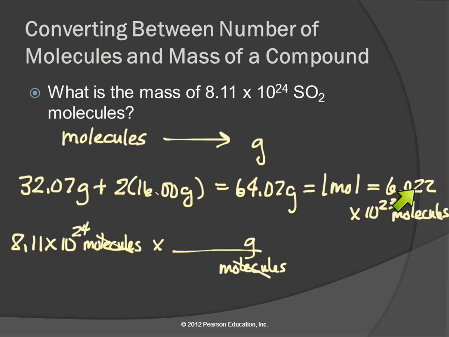Then we look at what we've written down here. 64.07 is with the gram. It has to stay with the gram. 64.07 grams. Avogadro's number is with molecules.